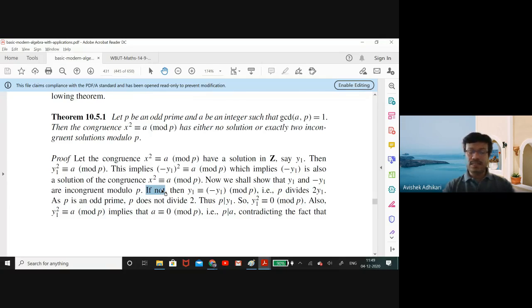This is a very popular technique, the method of contradiction. As I mentioned in my earlier classes of number theory, this method was first written in a book by, who is that guy, Gauss? Sorry, not Gauss, Euclid. Euclid was around 3,000 years back.